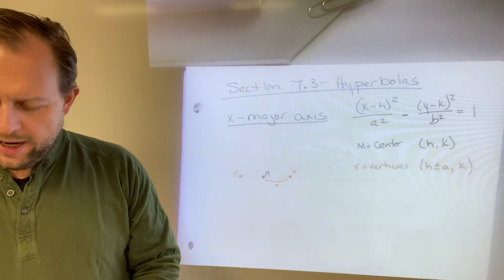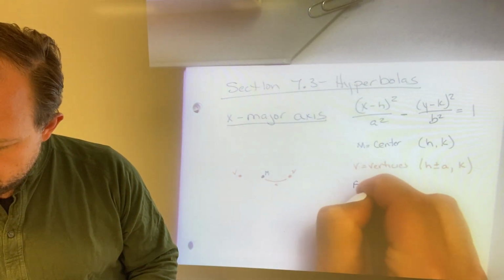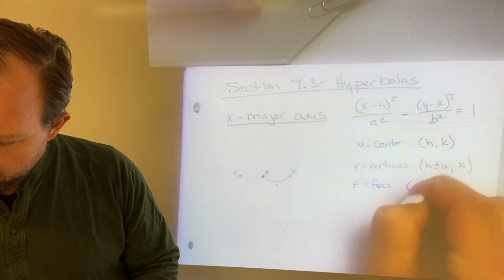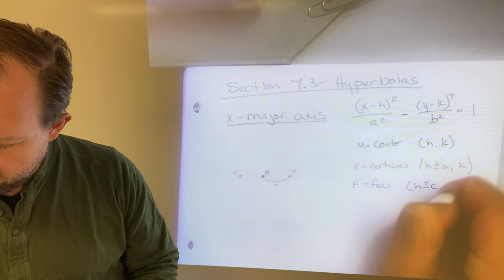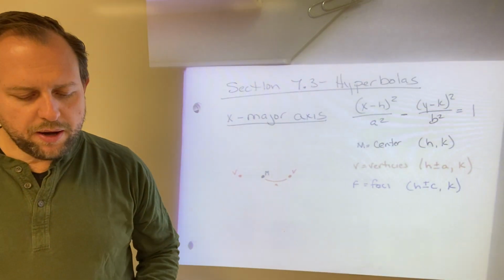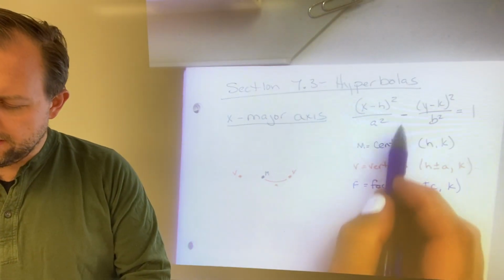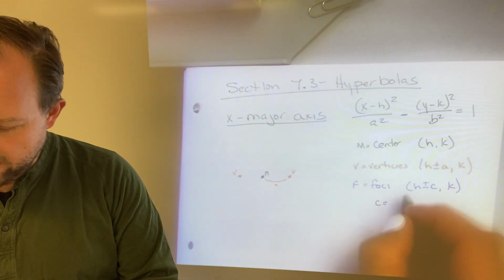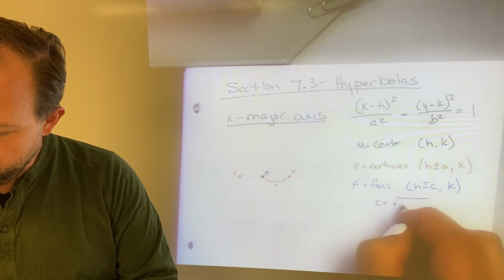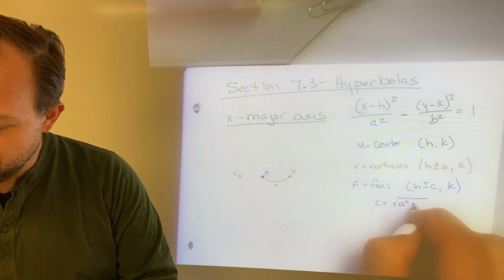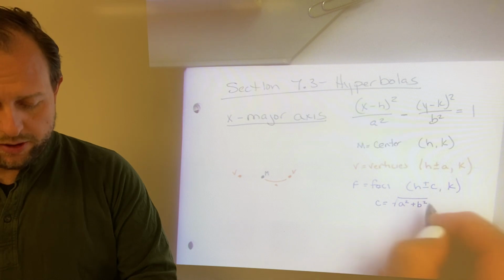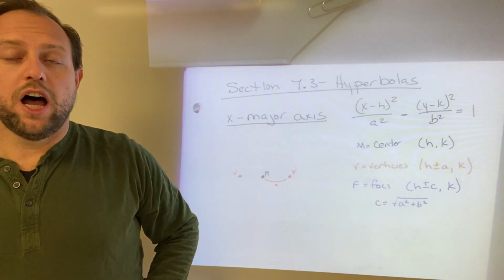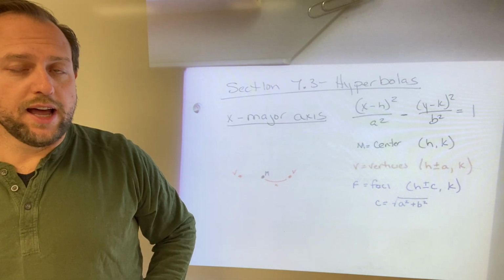Our foci are going to be at h plus or minus c comma k. But in this case, because of the negative sign, we end up with c equaling the square root of a squared plus b squared, which means that it's a larger number than a, not a smaller number.